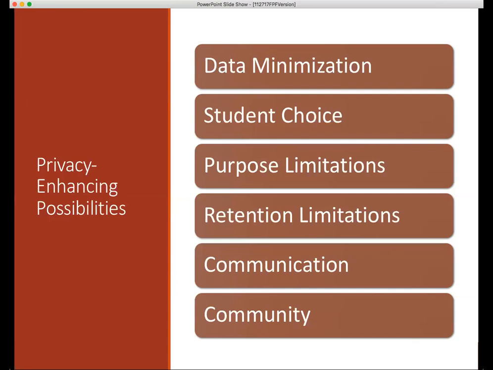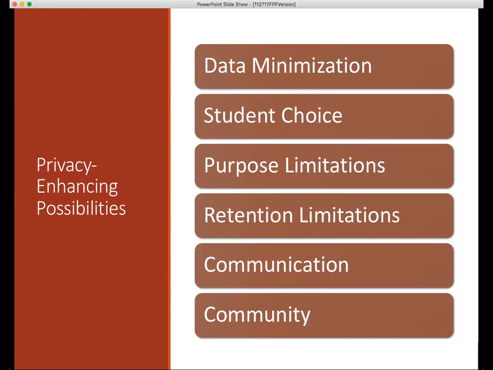The Commission on Evidence-Based Policymaking has recommended an analogous limitation, which would limit use to statistical purposes, essentially limiting the use of information that might be collected in, say, a federal student unit record, which is currently banned, but if it was overturned, that information could only be used for certain research purposes.